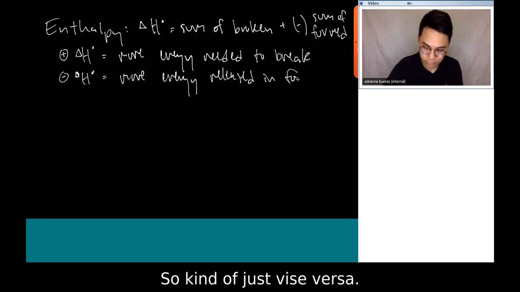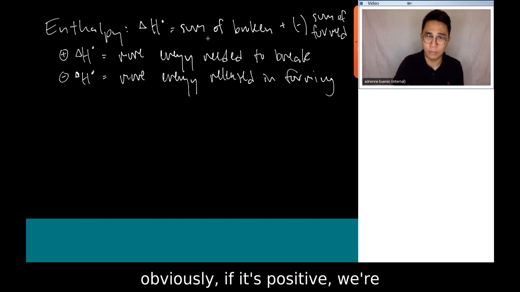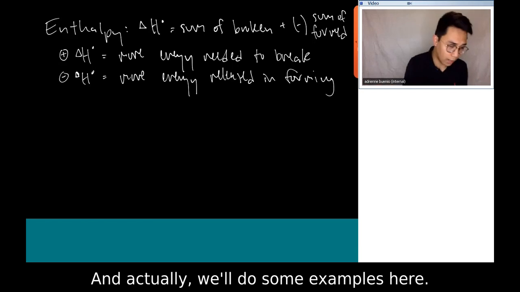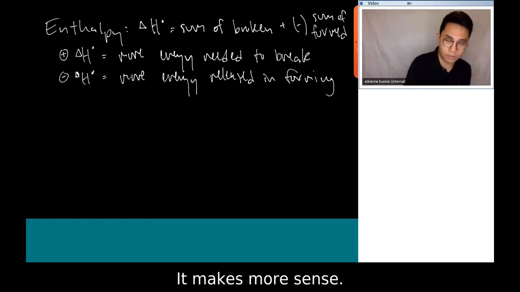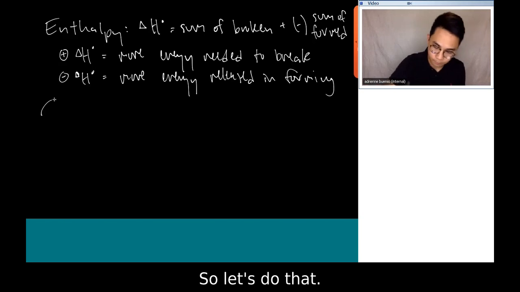So kind of just vice versa. That makes sense because going by this formula, obviously, if it's positive, we're going to have more energy to break it. We'll do some examples here, which makes more sense, and we'll use a formula as well. So let's do that.